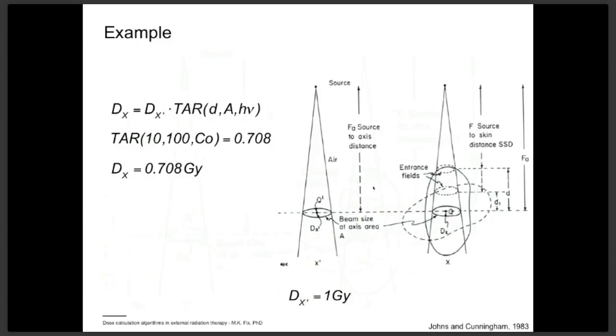direction. If we now rotate the patient or similarly the beam, we end up in a different depth, D1 here, which is only 6 centimeter in this case. And so we have to look for the tissue-air ratio with a depth of 6 centimeter. The field size is the same, the source is the same. We can use the same tissue-air ratio table.